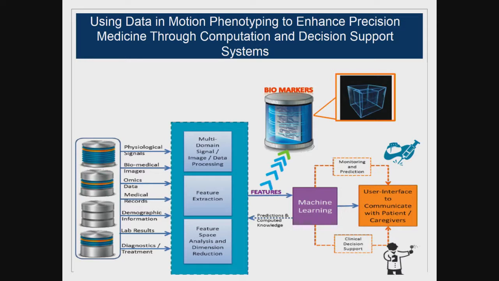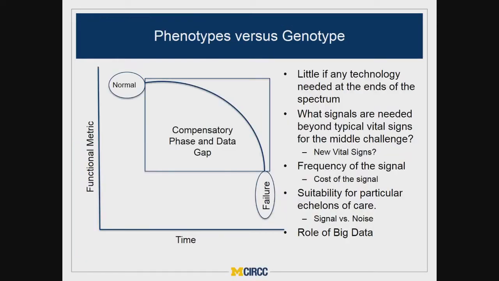So all the waveform data, not the integer data, but the waveform data, and banking that and doing signal analysis along with all the laboratory data, all the image data, medication data, building lots of tools to align that data so that we can really use artificial intelligence, which involves machine learning, et cetera, to come up with new systems and new vital signs, new indicators that can help us sort out and keep up with this data. So this is a great example. I'm going to go through a real example of this.